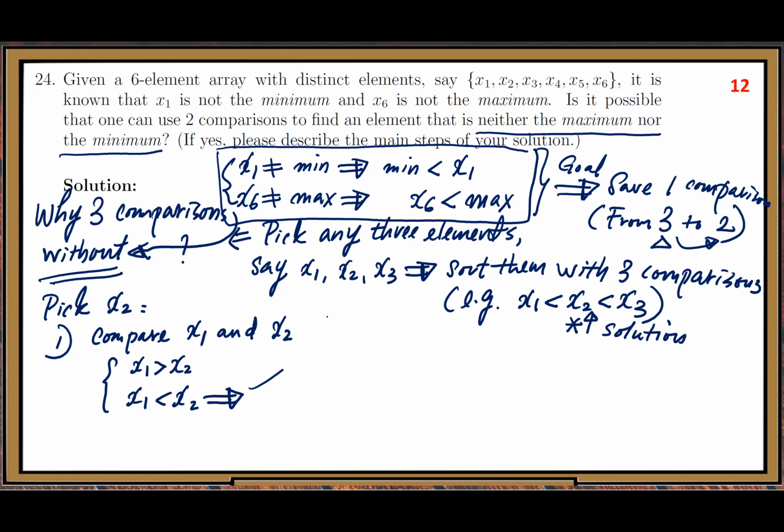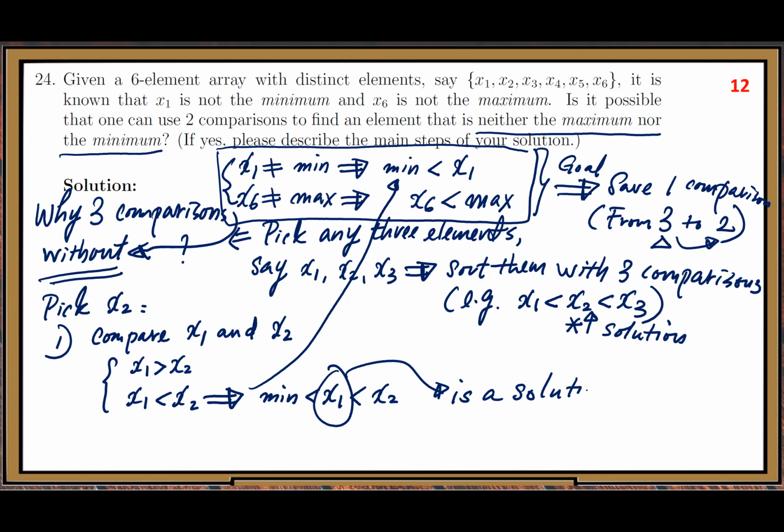Because now you connect to the given information. You have min less than x1 less than x2. That means x1 is the solution, right? It's a solution, because the solution is not unique. We only need to find one solution.